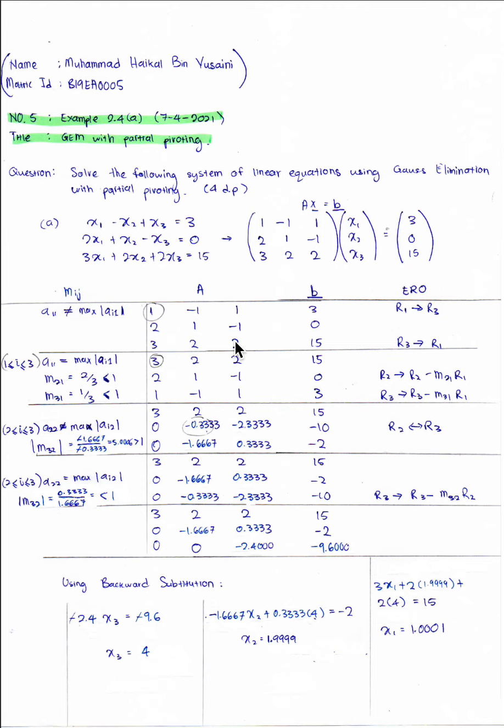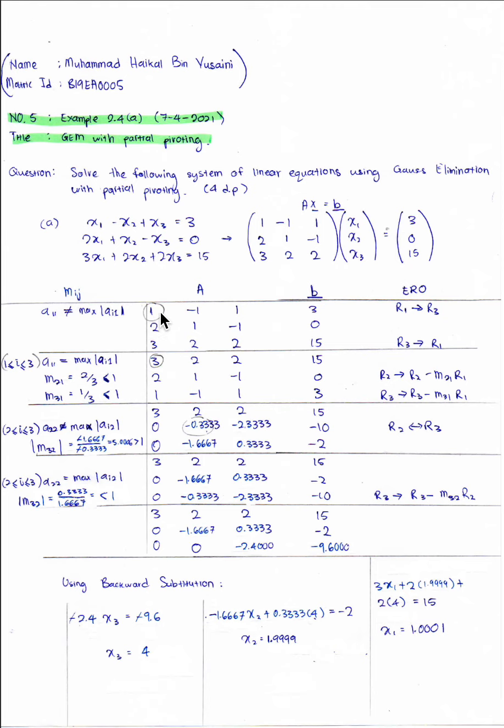So we must make sure to use the Gauss elimination method. We must make sure that the lower triangular part must be 0. First of all, we must make sure this first pivot is the maximum value in this column.